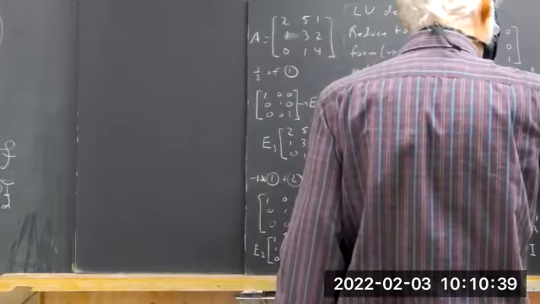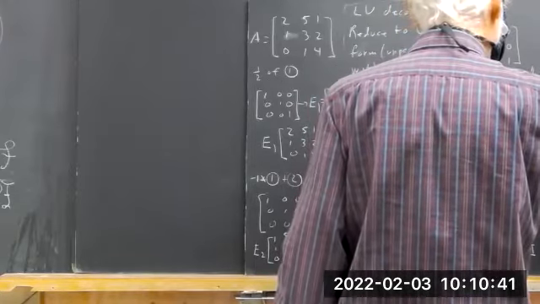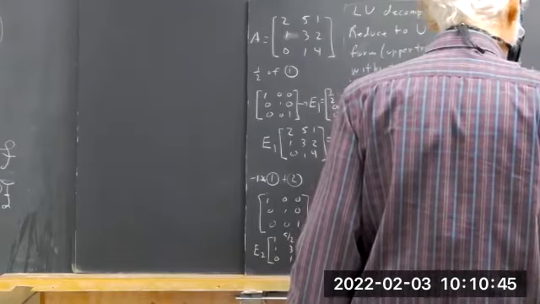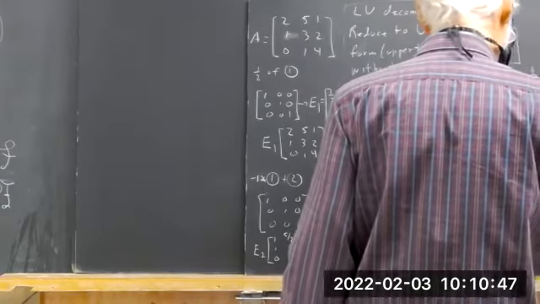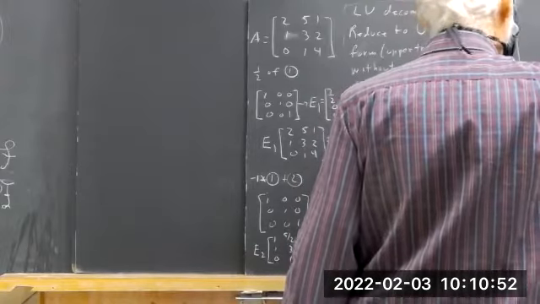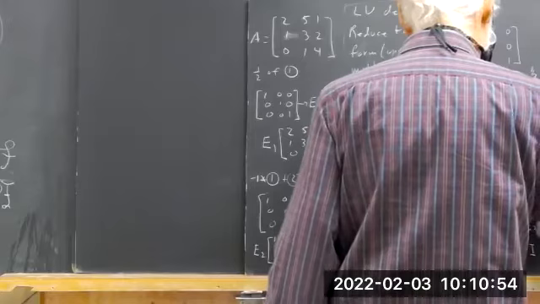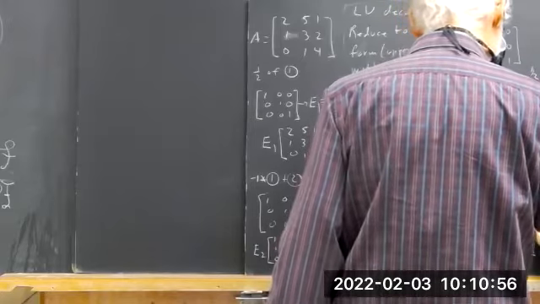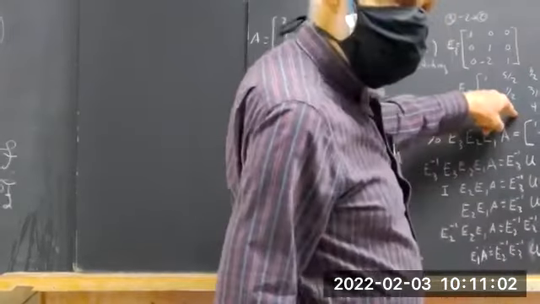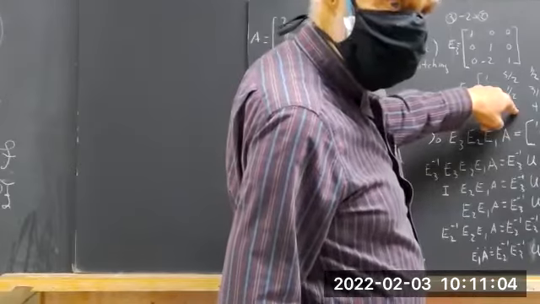So 1, 5 halves, 1 half, 0, 1 half, 3 halves, 0, 0, 1. And that's the upper matrix. I don't want to write out the upper matrix every time, so I'm just going to use U to stand for this matrix.